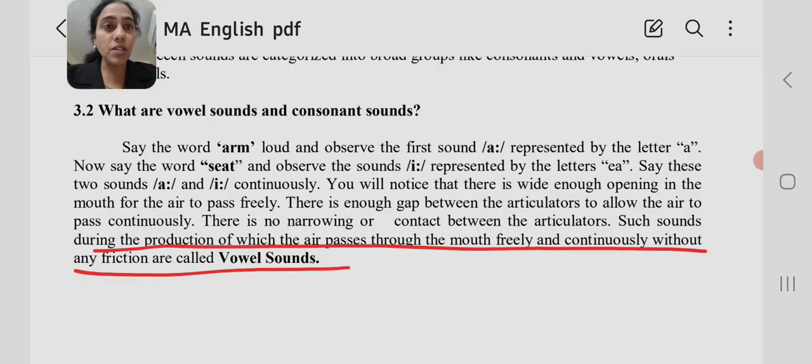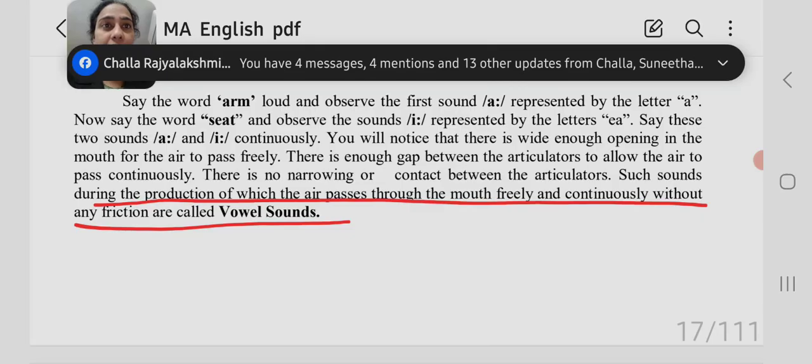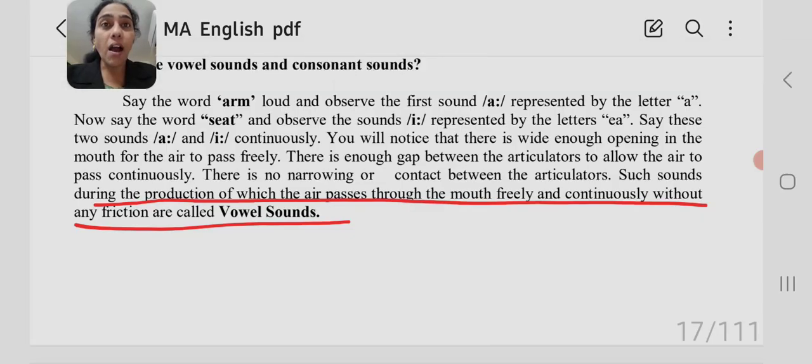The vowel sounds are those where, when we speak or say those sounds, the air passes freely without any friction. We have seen so many of them yesterday. A, E, A are the vowel sounds, correct? If you observe, there is no friction. Like how we say f, there is friction.